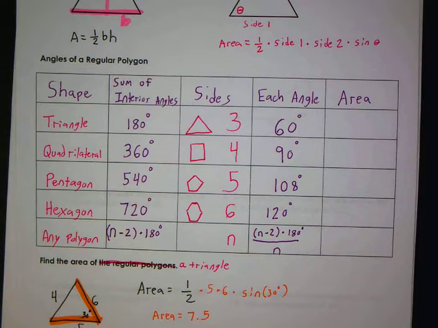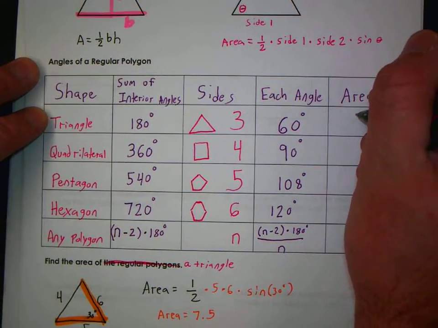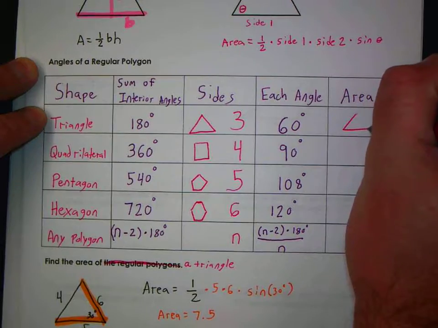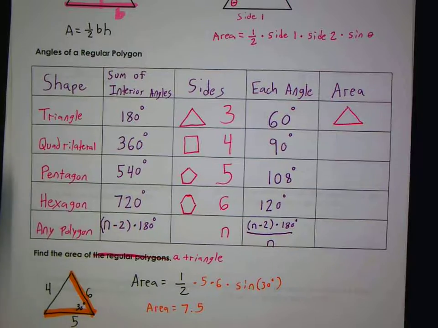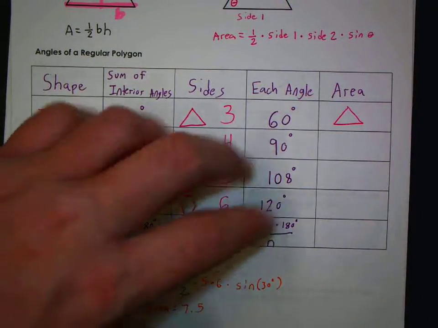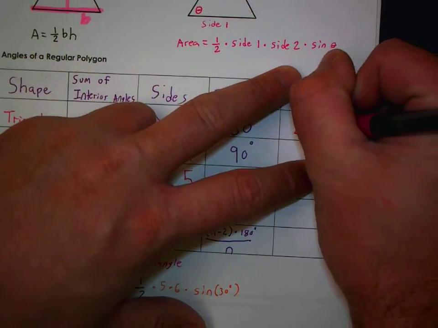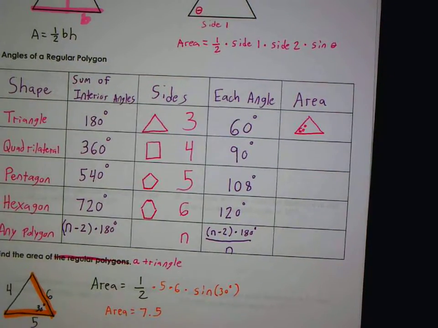All right, here's where it gets kind of tricky, and that's with the area. And I don't teach this very often. Now, for a triangle, we know that this is going to be 60 degrees, right?